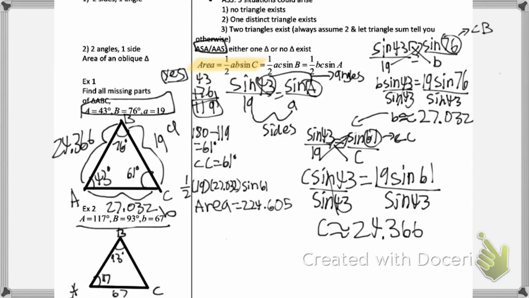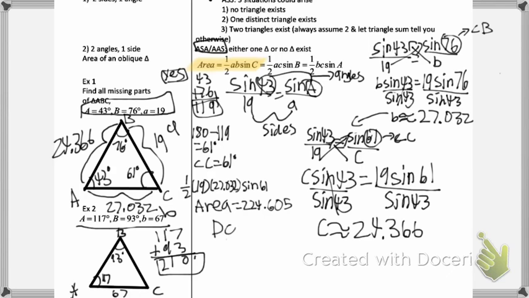Now let's first add 117 and 93 degrees to see if a triangle exists. So 117, 93. So 7 plus 3 is 10. And if we carry one here, 9 plus 2 is 11, so 210 degrees. So 210 degrees exceeds the limit of a triangle because a triangle can only go up to 180 degrees.